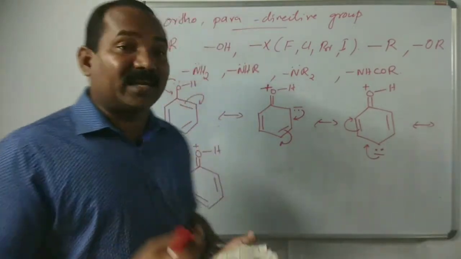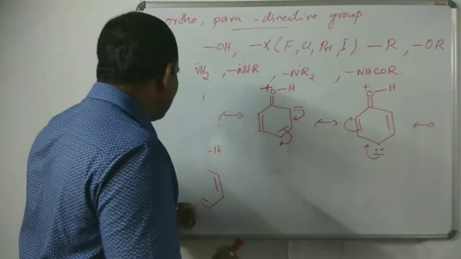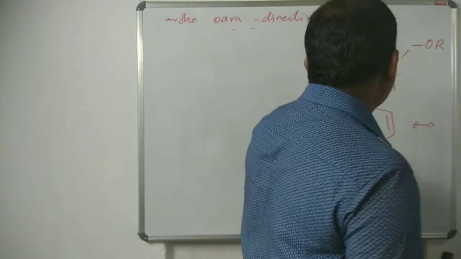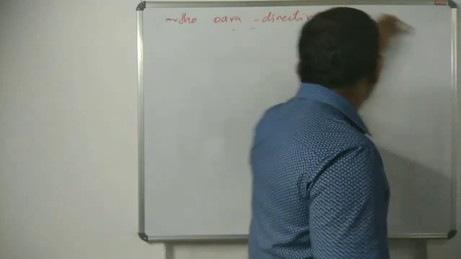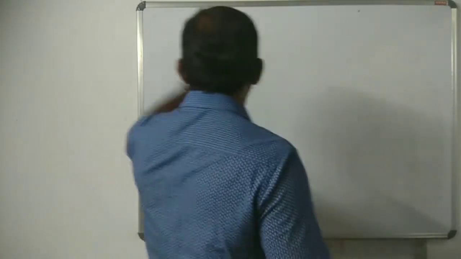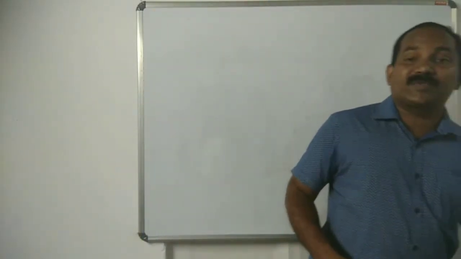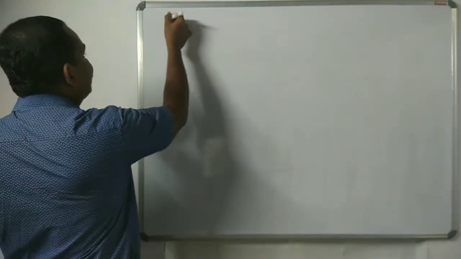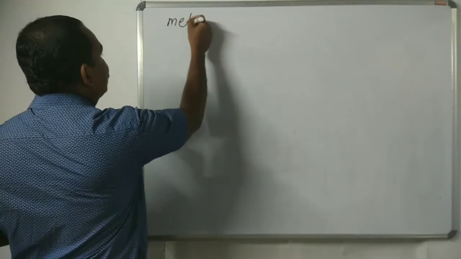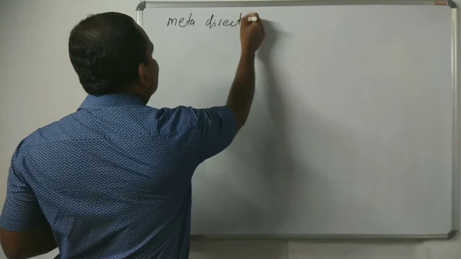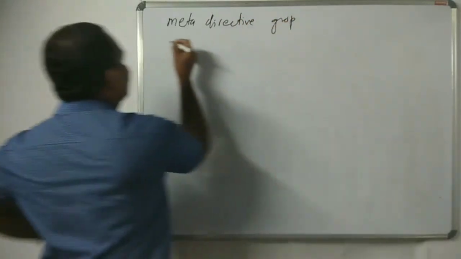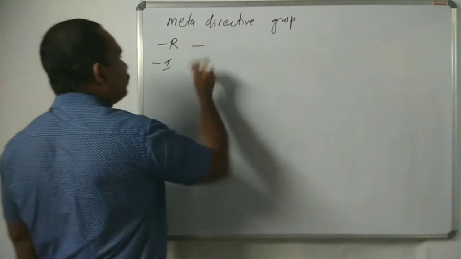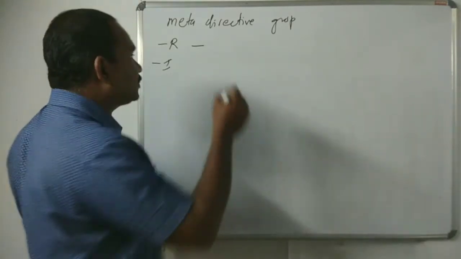Next is meta direction, the meta-directive groups. In the case of minus I groups or minus R groups, the incoming electrophile attaches to the meta position with respect to the functional group. These are the groups with minus R effect or minus I effect. What groups have a minus R effect?